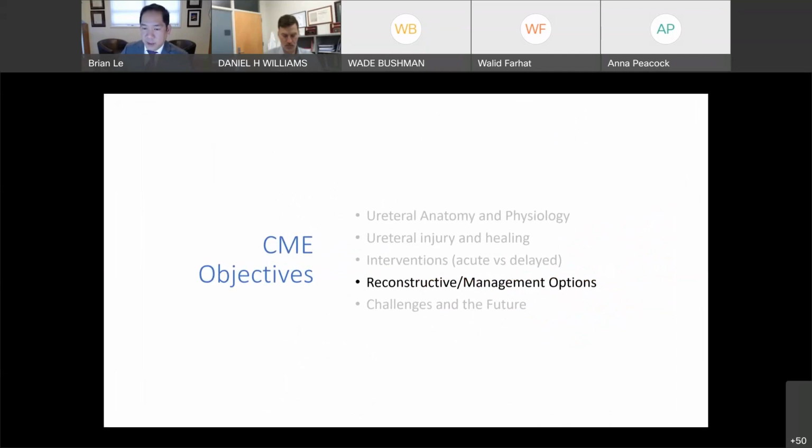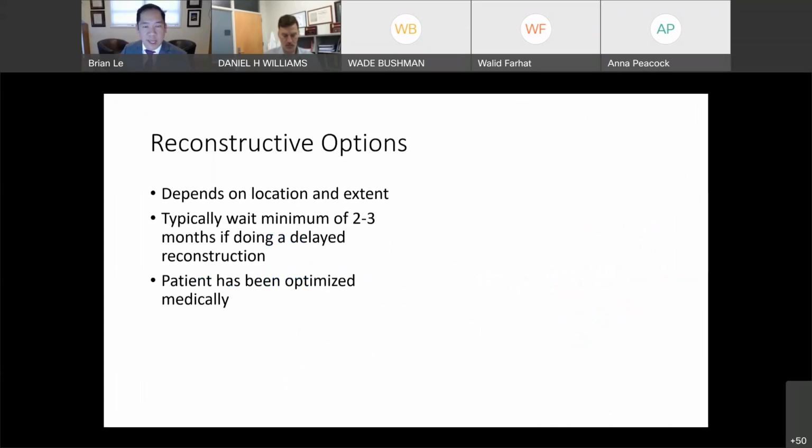Okay, so now we'll actually get to the management options. When you talk about reconstructive surgery, you'll get a lot of very creative and innovative ways to repair something, so it's always nice to look at the various options. I mentioned immediate acute phase and delayed intervention. So what do we count as delayed? Is 3 weeks delayed? Is a month delayed? Usually we're talking about 2 to 3 months minimum if doing a delayed reconstruction, and that has to do partially with the wound healing cascade and timeline.